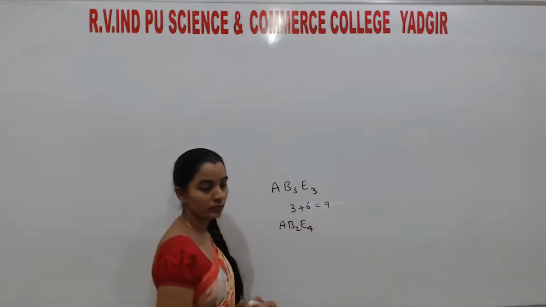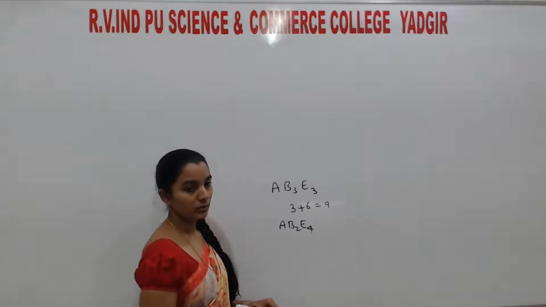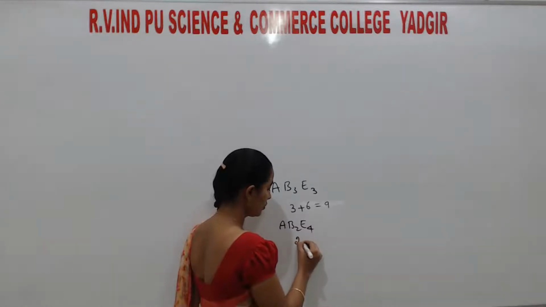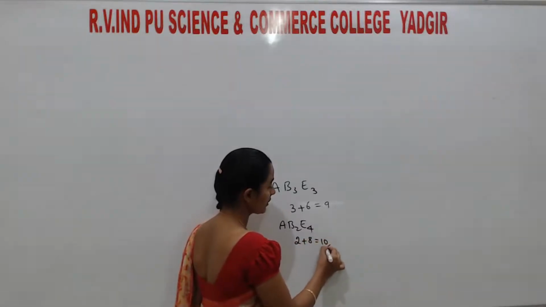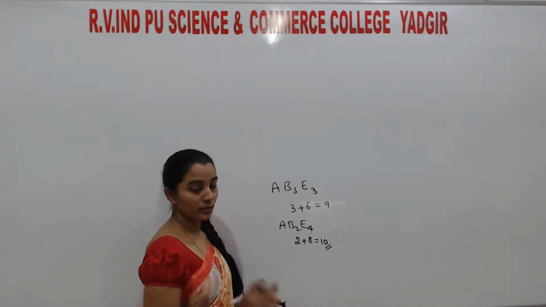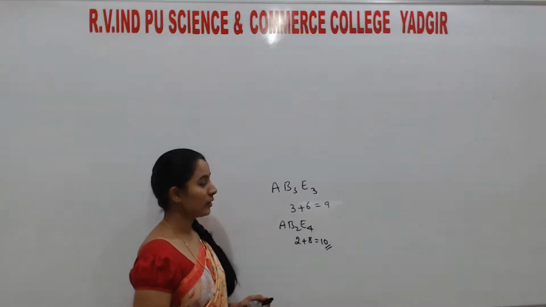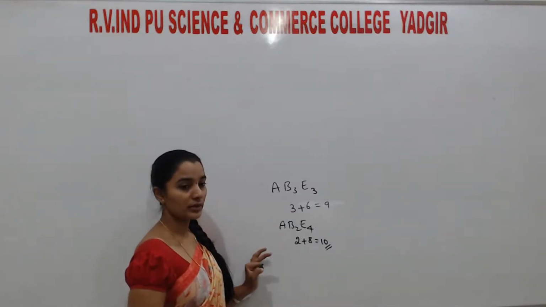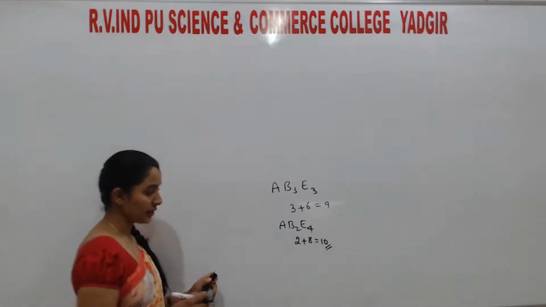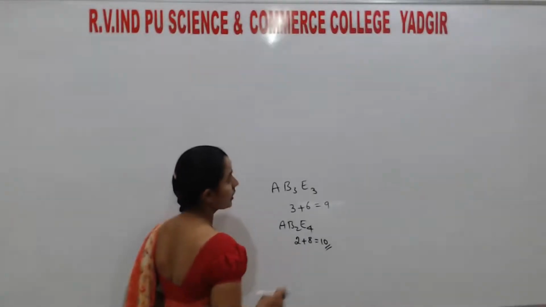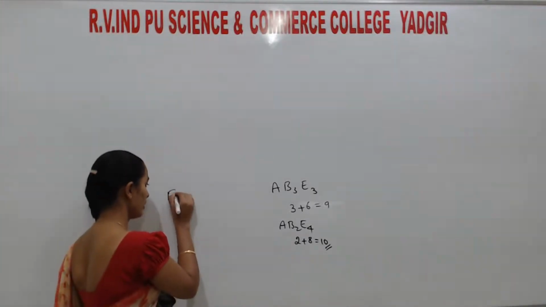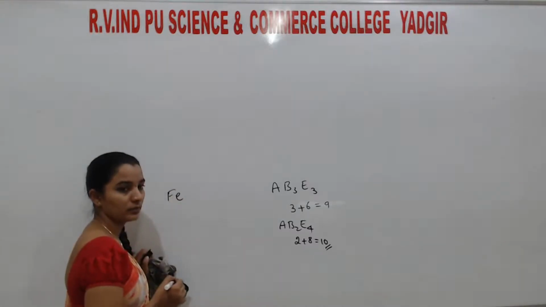And at the same time, AB2E4 also. For this type of molecule also, here 2 plus 8 means we want 10 electrons. So now we don't have such types of examples. Of course, if we consider the d block elements, for example, 10 electrons means Fe you may take.